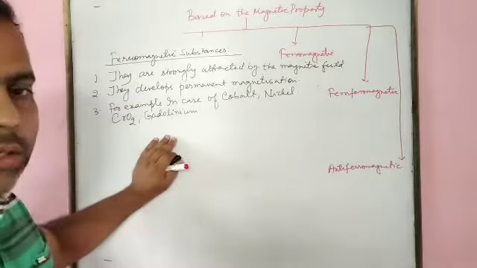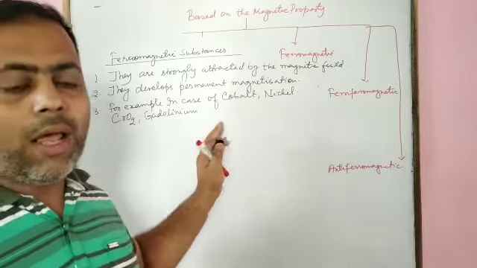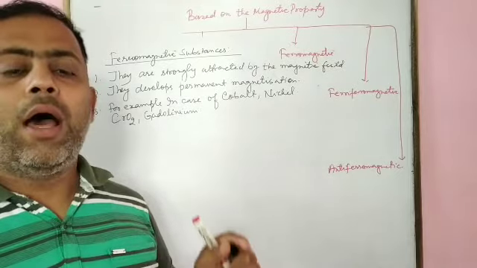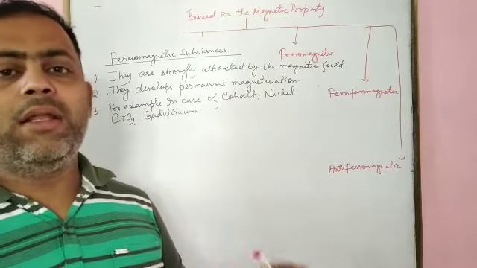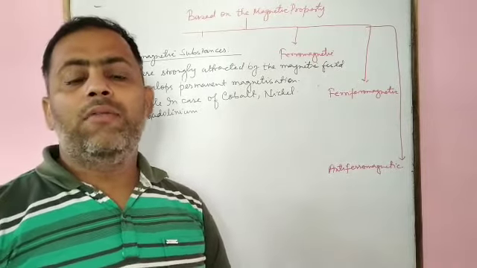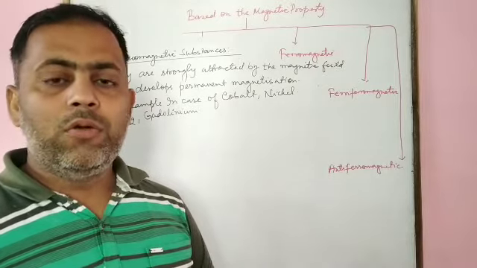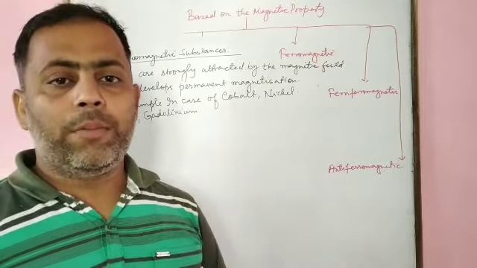In these metals, the metal ions are aligned in a definite direction. The metal ions, which behave as teeny magnets, are aligned in a definite direction, and when they are aligned in a definite direction, they form a domain. Due to formation of domains, they have strong magnetic property.